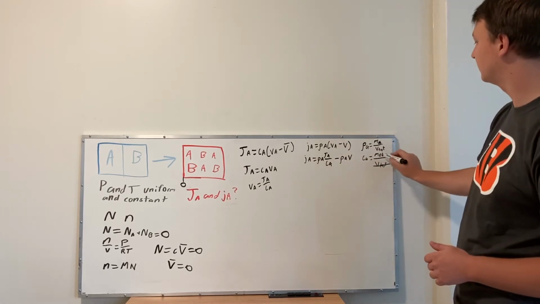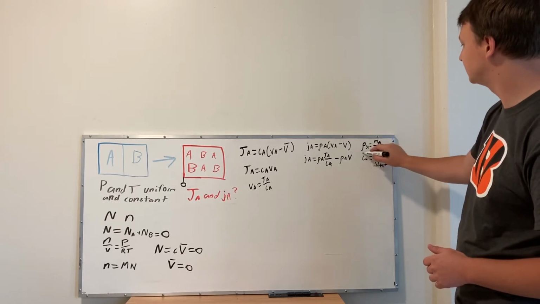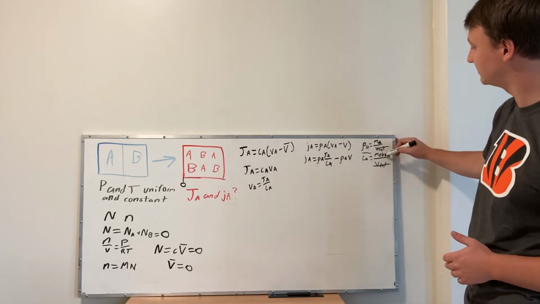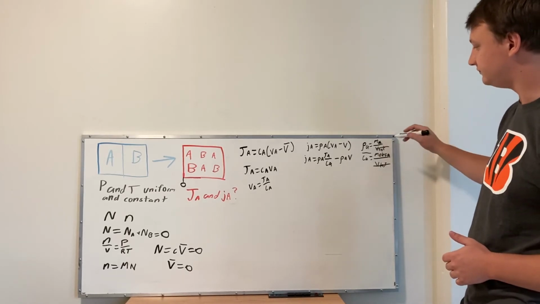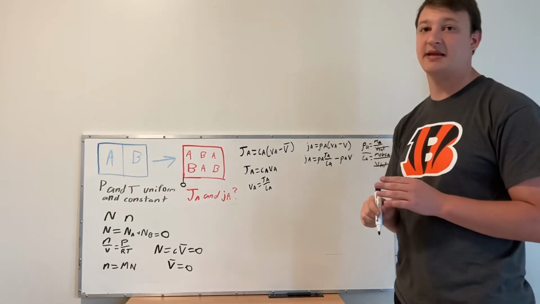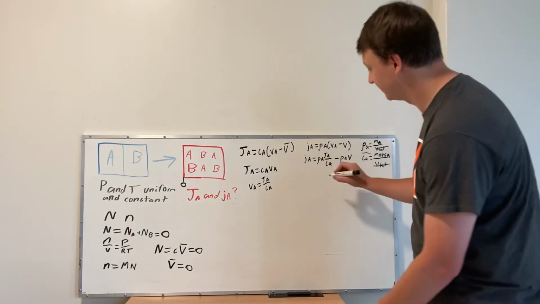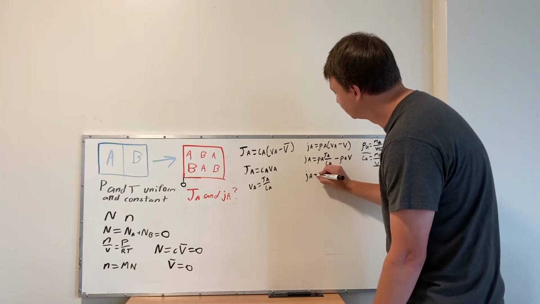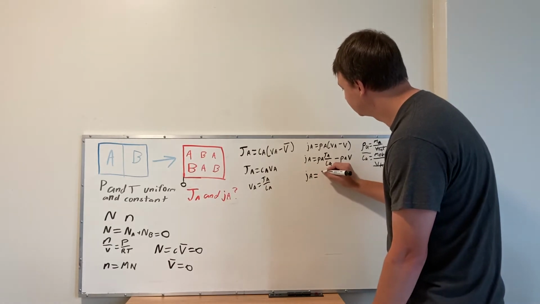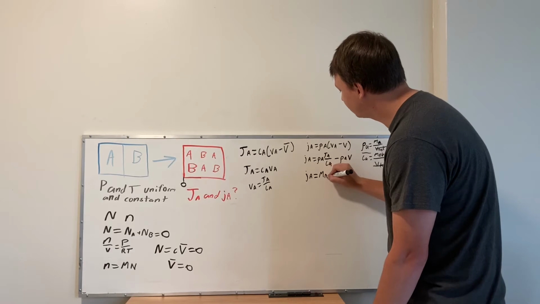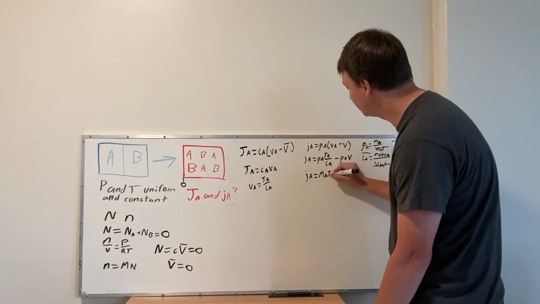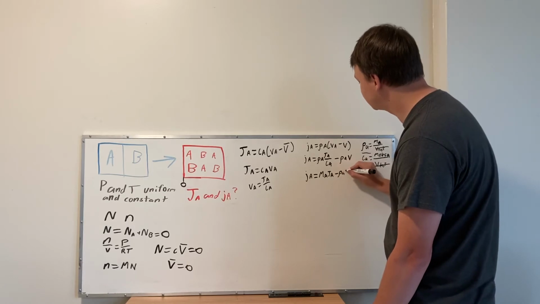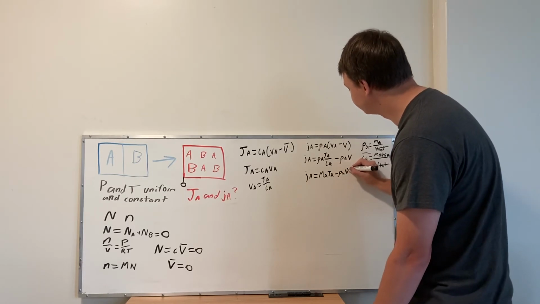So, volume total cancels out, and since those are over top of each other, you have mass of A over moles of A. And that is the same thing as the molecular weight of A. So we'll have mass diffusive flux, molecular weight of A times the molar diffusive flux minus the density of A times the total mass average velocity.